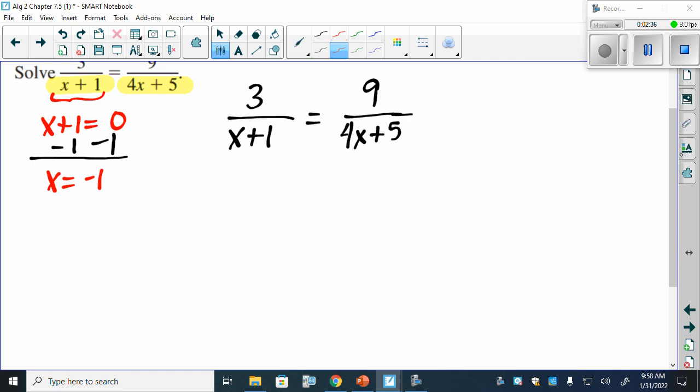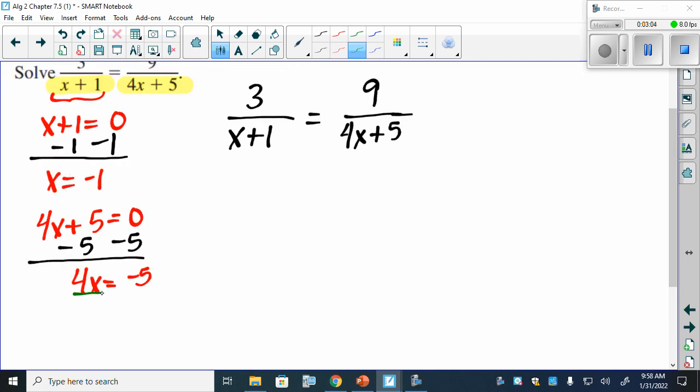Now the other case is that we cannot have 4x plus 5 be 0 either. We can't have any of the denominators be 0. Here the first thing we can do is subtract 5 from both sides, which will tell us that 4x is equal to -5.